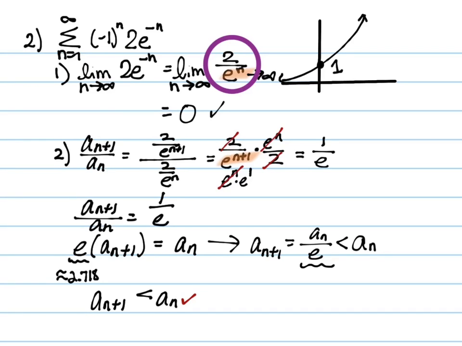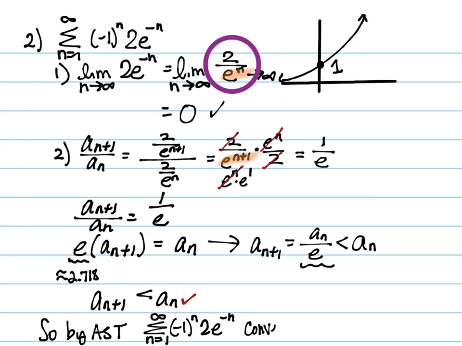We have our second condition met. So by the alternating series test, we know that this series, summation from n equal 1 to infinity, of negative 1 to the n, times 2e to the negative n, converges.